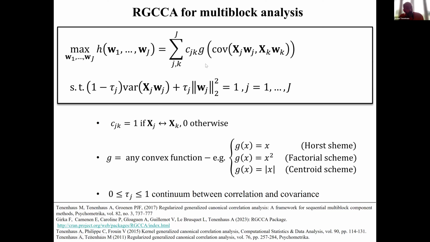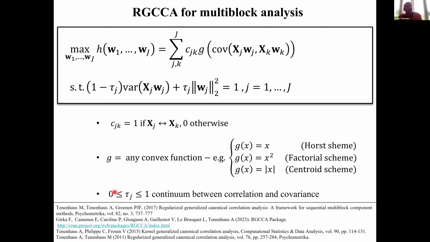And we introduce these constraints. If tau j is equal to 0, then this term is cancelled, and we recover the variance of the component, which is equal to 1, and we recover the correlation-based criterion. If tau j is equal to 1, then this term is cancelled, and we recover the covariance-based criterion.